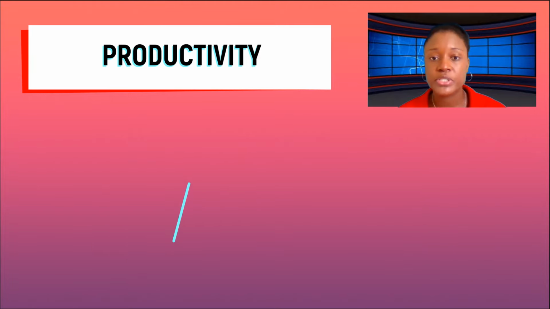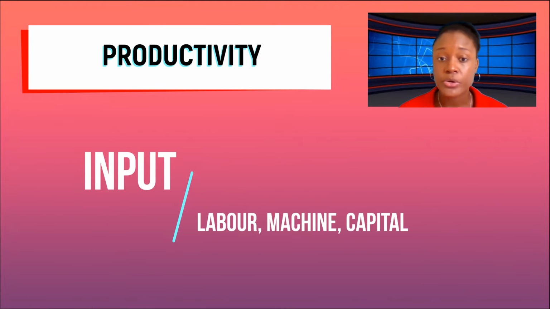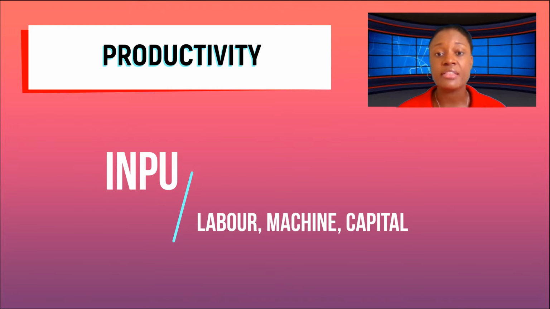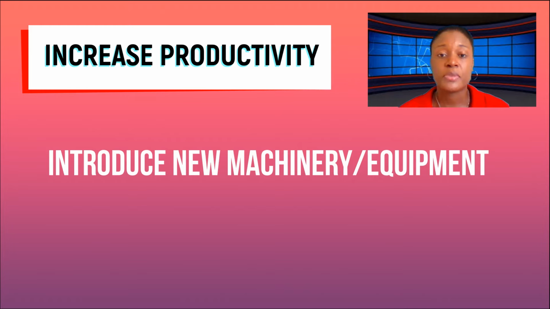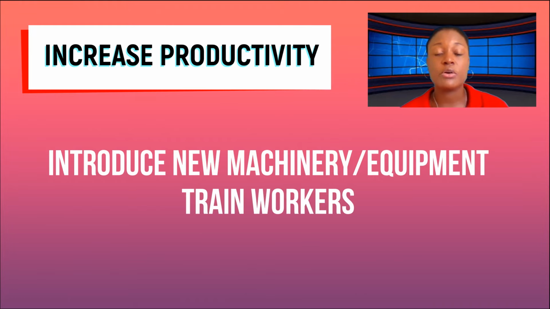Various inputs can be used, like the labor, the machines, the capital. So in other words, how much more productive will these inputs make the business? And so sometimes to increase productivity, businesses may introduce new machinery or equipment, or they may train workers.